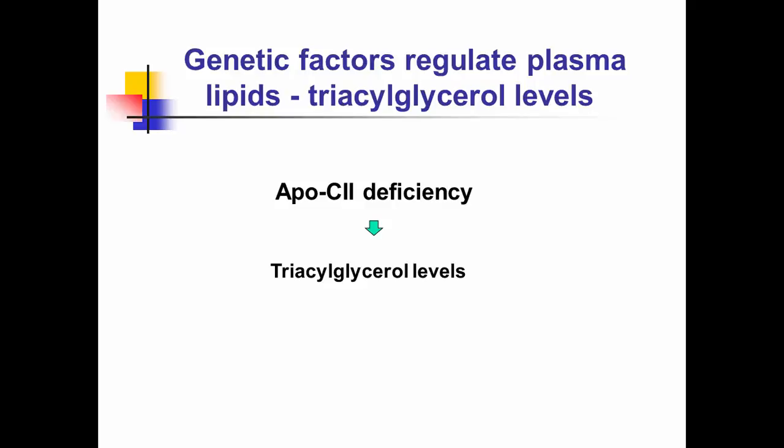Here, particularly, we talk about triglyceride levels, so how genetic factors will affect the triglyceride levels.